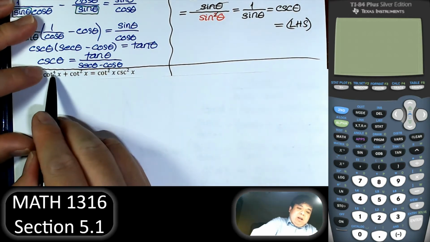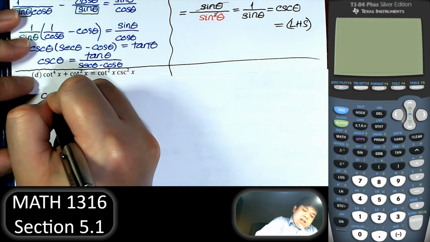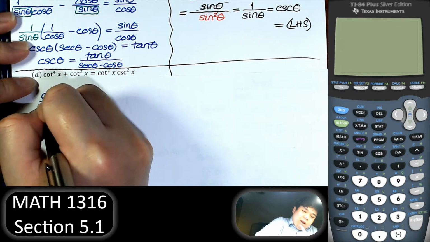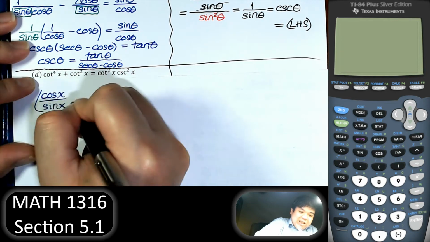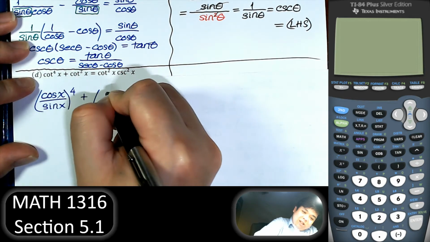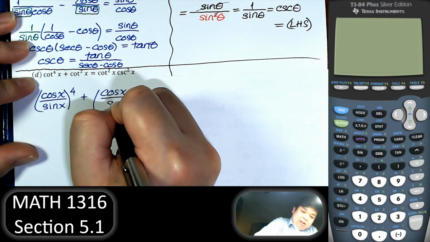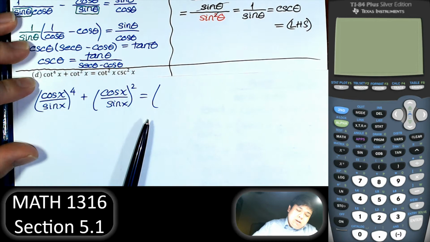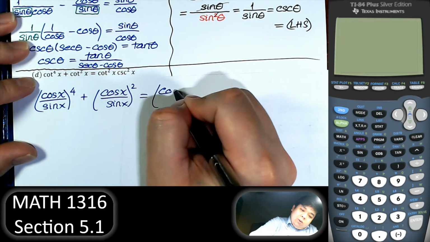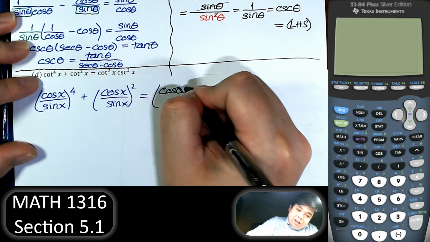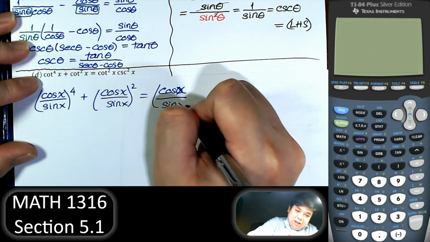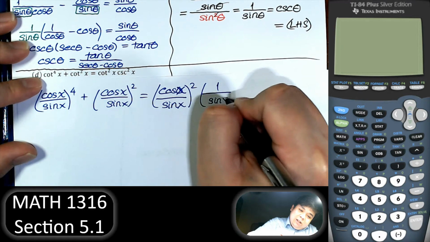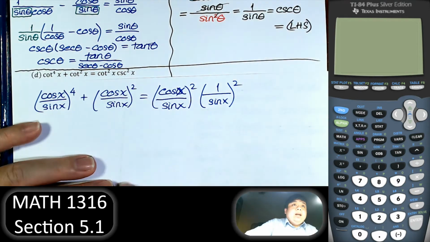Just simplify. The 4th power here means that. Okay, let's write that, but more carefully this time. Cotangent to the 4th is cosine over sine squared, cosine over sine squared. Cosecant is 1 over sine square. So we do that.